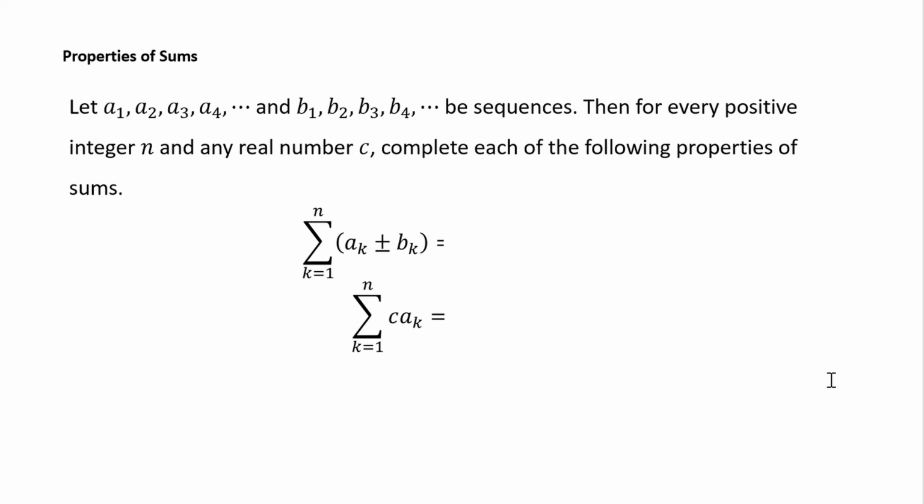The sum of k equals 1 to n of a sub k plus or minus b sub k is equal to the sum of k equals 1 to n of a sub k plus or minus the sum of k equals 1 to n of b sub k, and the sum of k equals 1 to n of c times a sub k is equal to c times the quantity of the sum of k equals 1 to n of a sub k.